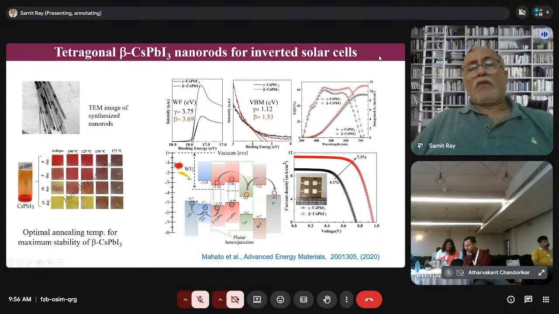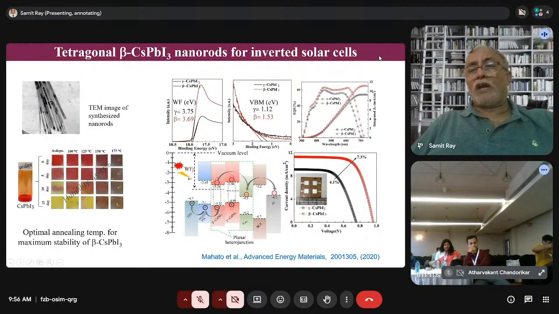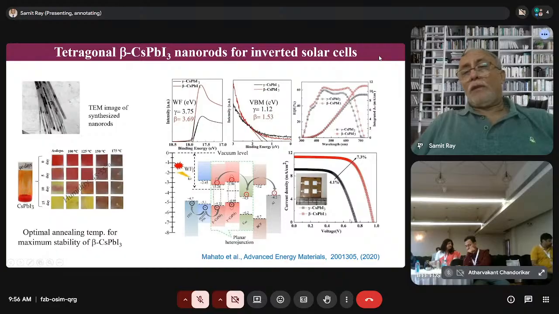So we use this material to make a solar cell using planar heterojunction technology, where I use either beta phase cesium lead iodide or gamma phase, with C60 and BCP as the ETL layer, and PEDOT:PSS as the hole transport layer. The solar cell efficiency was not that high, but the enhancement was from 4% to about 7% when you go from the gamma phase to the beta phase. So almost 50% enhancement as you go to the beta phase.